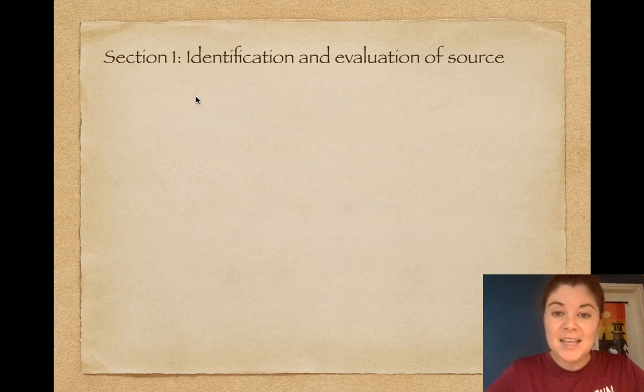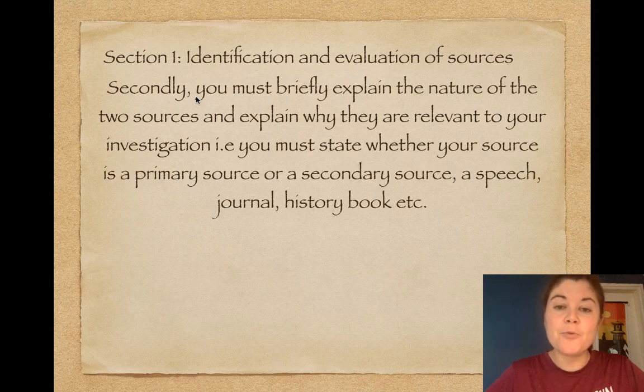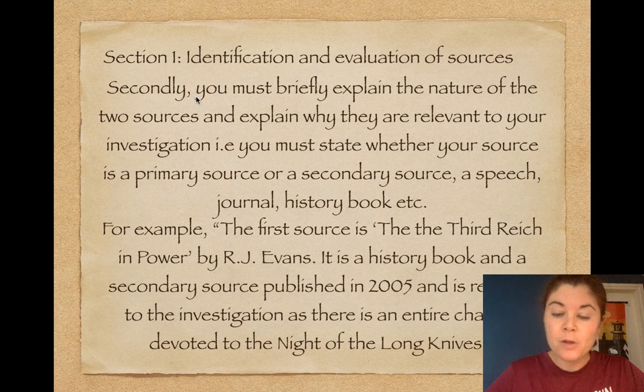Secondly, we have to briefly explain the nature of the 2 sources and explain why they are relevant to the investigation. So you must state whether your source is a primary source or a secondary source, a speech, a journal, a history book, etc. For example, the first source is The Third Reich in Power by R.J. Evans.